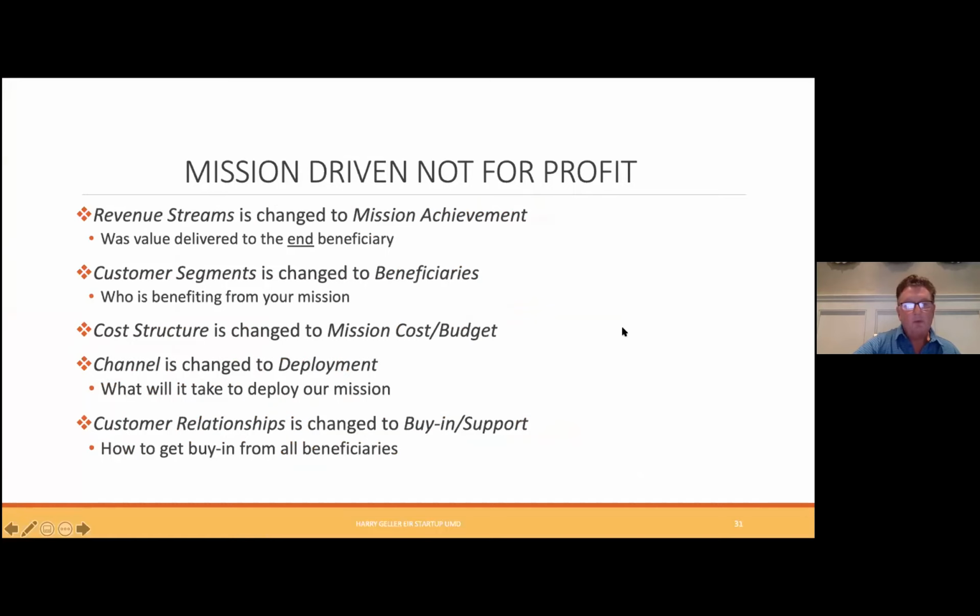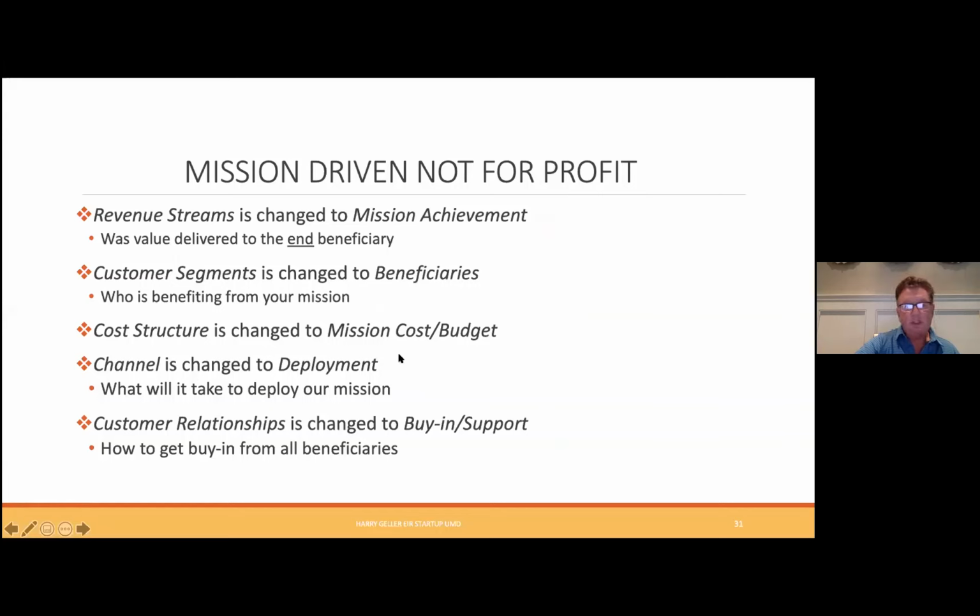For example, revenue streams would be changed to mission achievement. So the question was the value delivered to the end beneficiary. Customer segments is changed to beneficiaries. Who is benefiting from your mission?